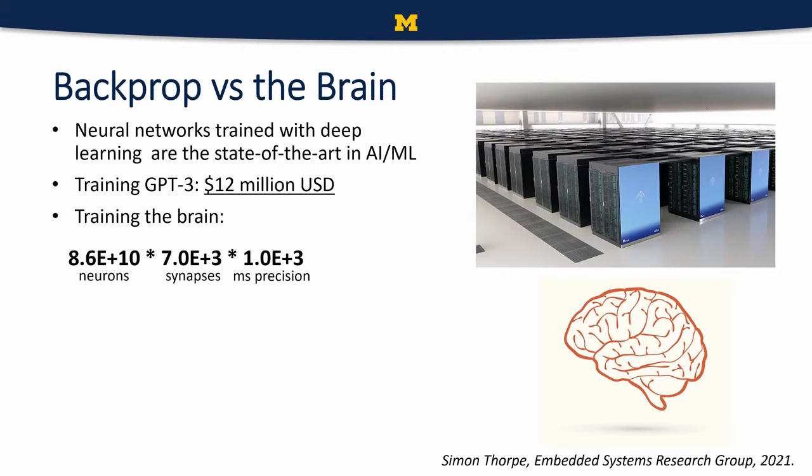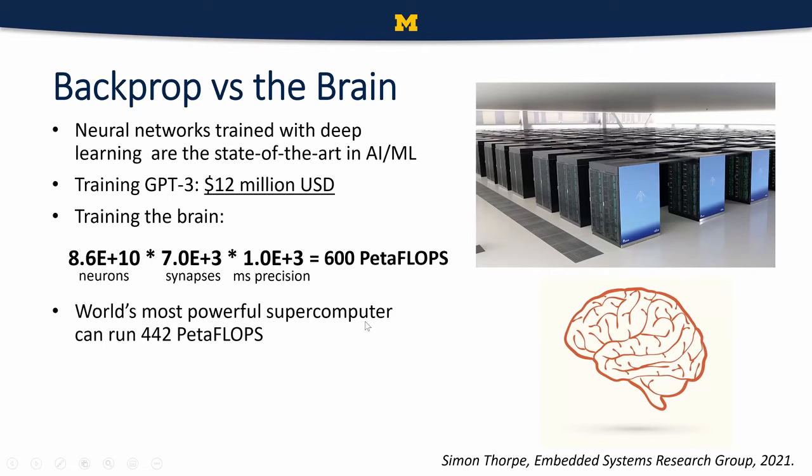And if we want to capture the state of the brain with 1 millisecond precision, then we need something with 600 petaflops. Can we achieve that with today's compute? Well, currently, the world's most powerful supercomputer, the Fugaku, can only run 442 petaflops. And what's the cost there? That's 30 megawatts. So a little bit of a disparity with the brain, which is sitting at 12 watts.